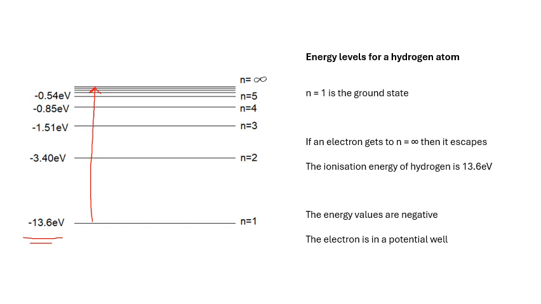Notice that the energy values are negative. We are talking a potential well. The electron is trapped. It can't escape unless we give it energy. So the electron is in a potential well, and that is why these energy levels are negative.